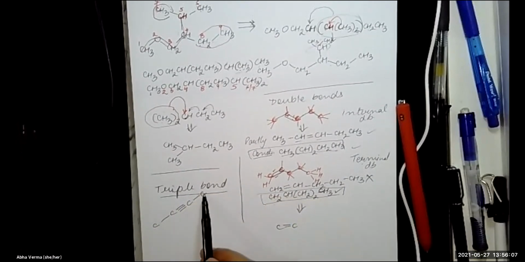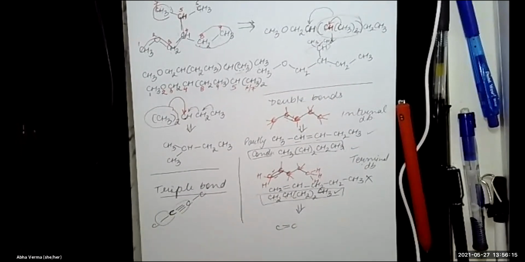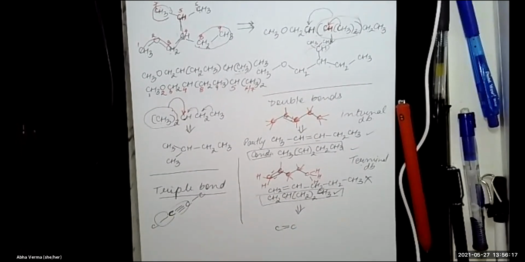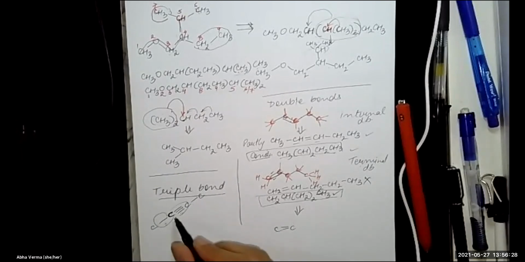When you have a triple bond, you have to remember the hybridization of a triple bonded carbon. How many electron domains are around this carbon? 2. If you have 2 electron domains, what is the hybridization of that atom? S and a P. 2 domains, right?